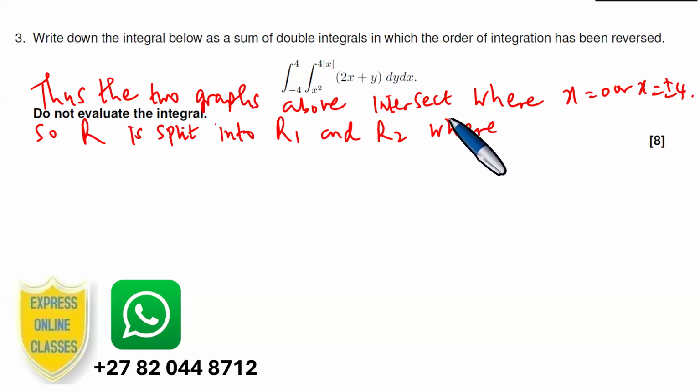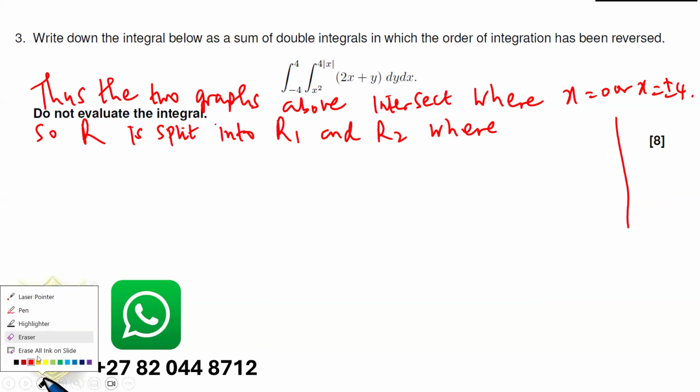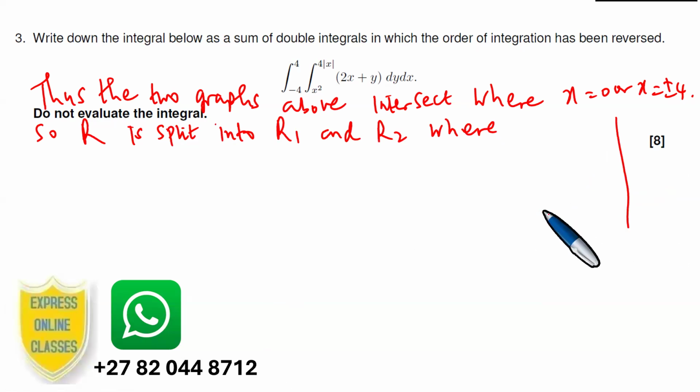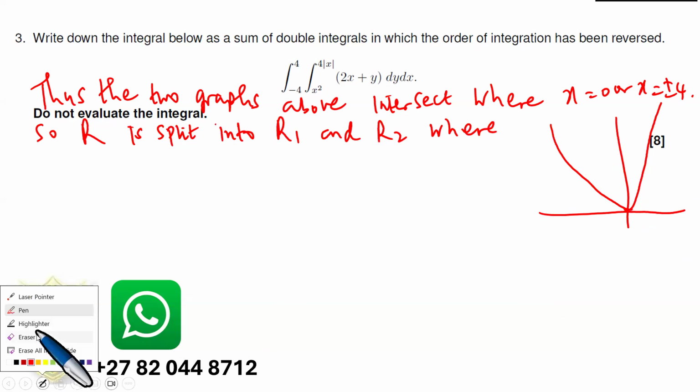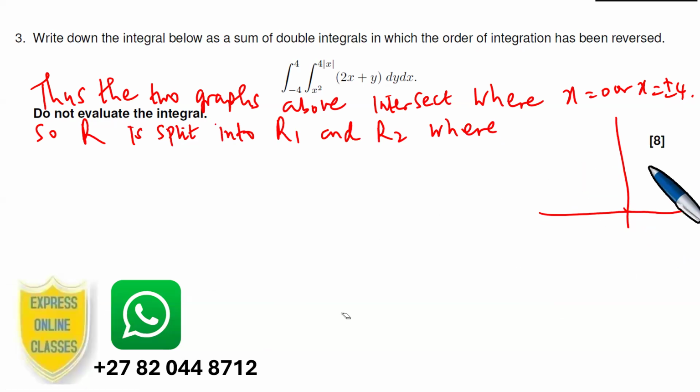So it's split into 2 regions. Let me just try to draw this carefully.